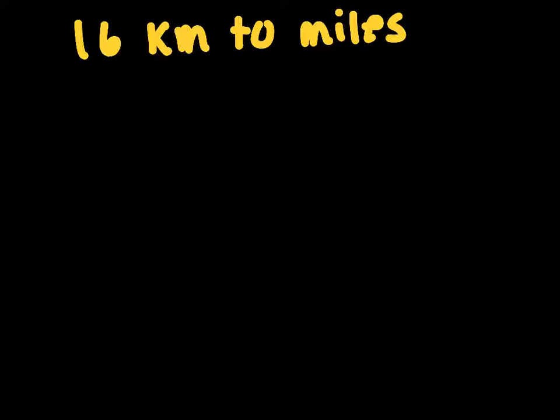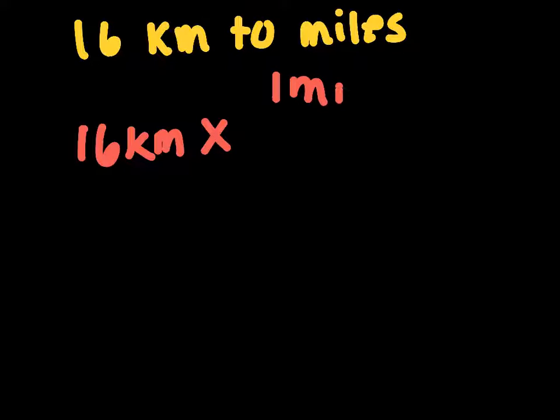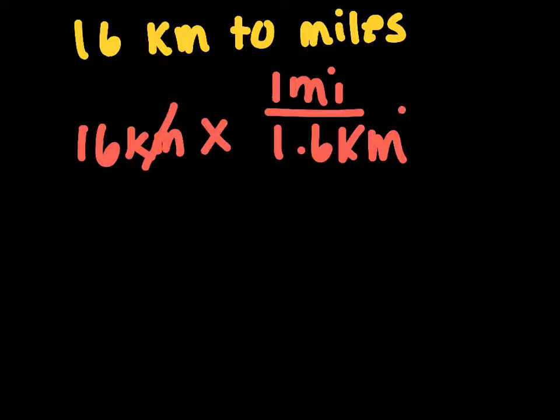We put our 16 kilometers, because that's what we're going to be multiplying, against our ratio, which is 1 mile over 1.6 kilometers. Then we cross out the kilometers, then it'd be 16 times 1 over 1.6, and you'll get about 10.